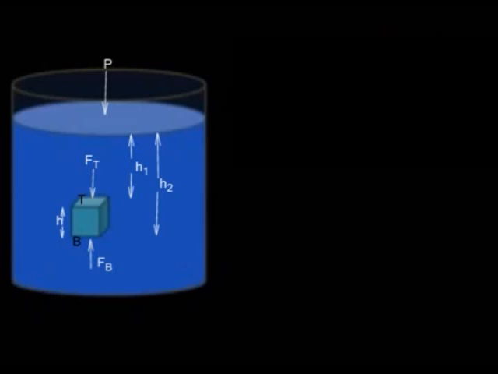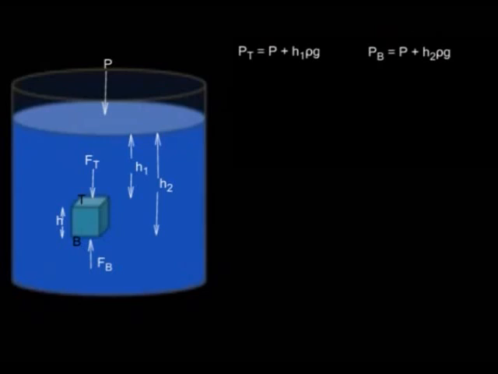If P is the atmospheric pressure, pressure PT at the top of the solid is given by PT = P + h1ρg. Pressure PB at the bottom of the solid is PB = P + h2ρg.